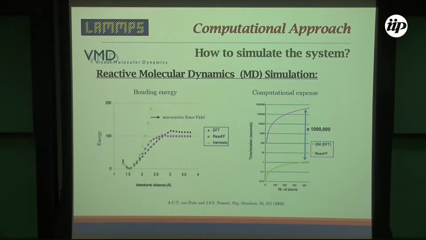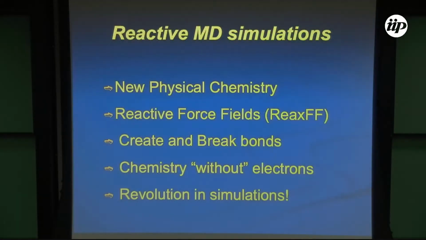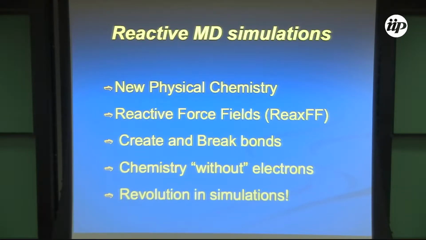We use reactive molecular dynamics, the same kind I used in that simulation I showed before. And this is a revolution in simulation, because in general, with force fields, you cannot break or create new bonds, right? But with reactive force fields, you can create and break bonds, but you do not take the electron into account in an explicit way.